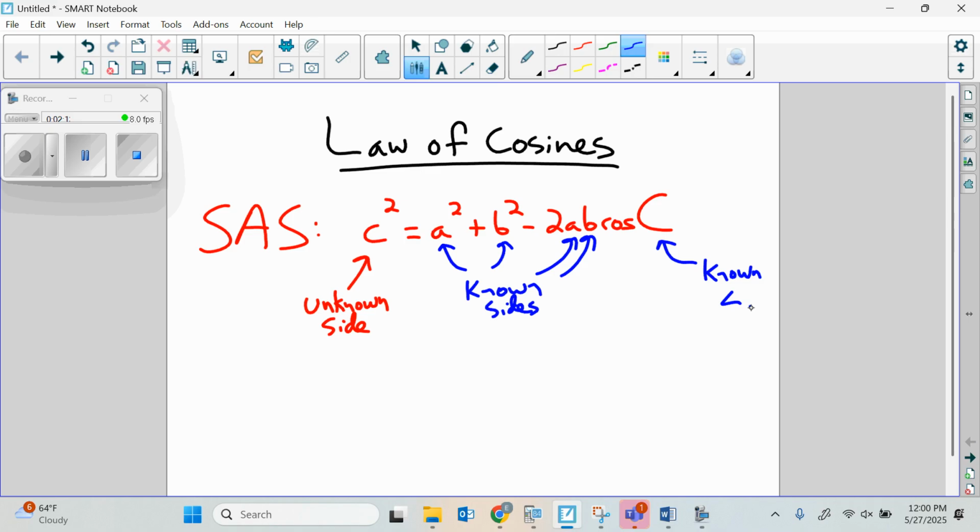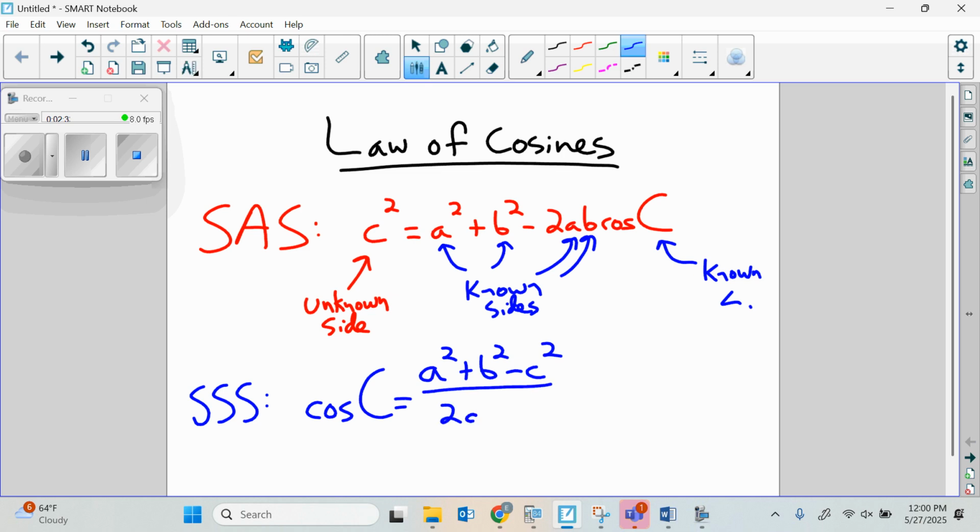If we have an SSS setup, then we want to use this same equation, but it's going to be solved for the angle. That looks like this. Again, we showed in class how it's really the same equation as the SAS law of cosines equation.